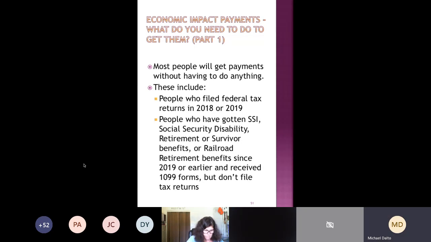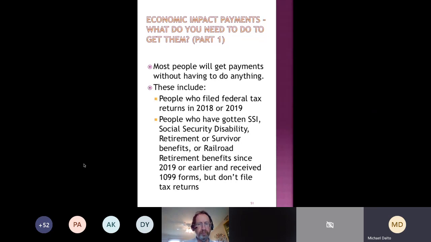Now, suppose a person doesn't file tax returns, they're not required to, but they get SSI, Social Security benefits. That could be either Social Security disability, retirement or survivor benefits, or railroad retirement benefits.